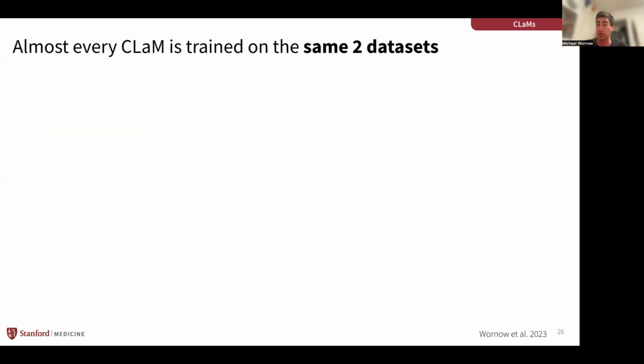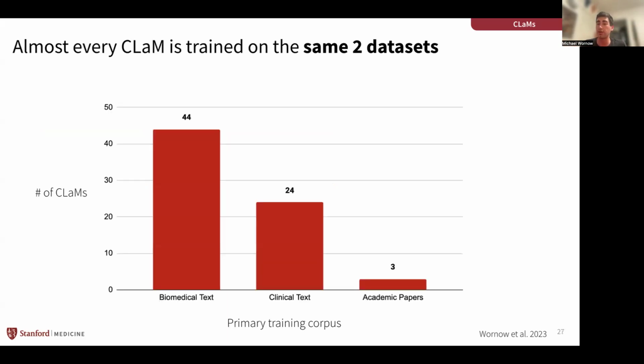When you look at the data that these models are trained on, you start noticing a lot of patterns. Here, the y-axis is the number of clinical language models that use each of these corpuses for their fine-tuning stage. And if you look at what corpuses these papers are using, basically everyone's using the same two, right? It's PubMed and the notes from MIMIC-3 or MIMIC-4.